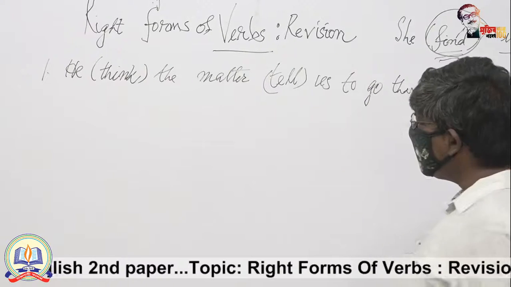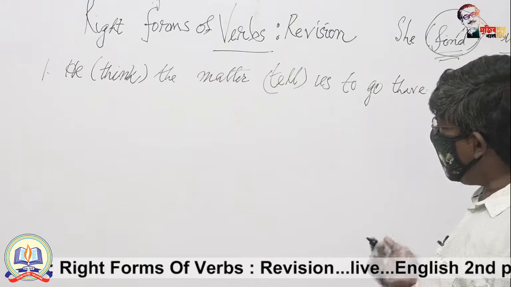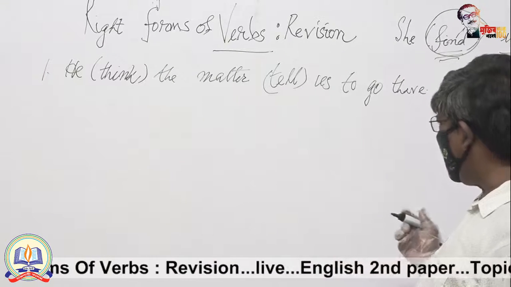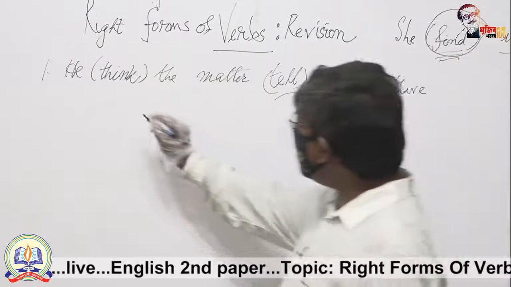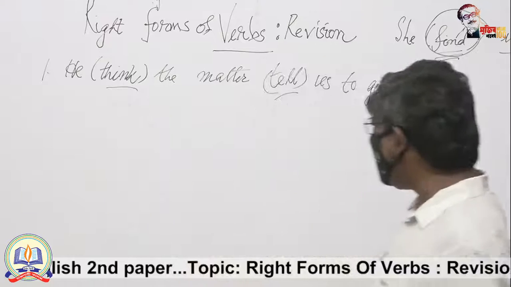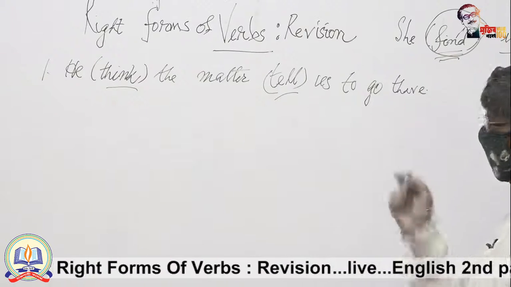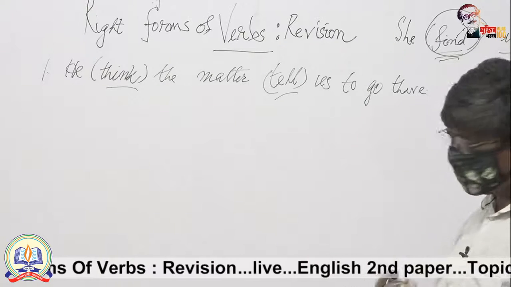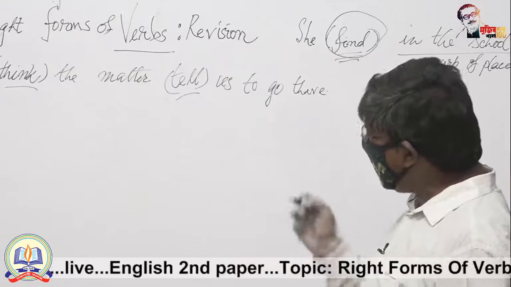Look at this sentence. The verb think in the bracket, the matter tell us to go there. We have two verbs in this sentence, and for both of the verbs think and tell we have only one subject, he.